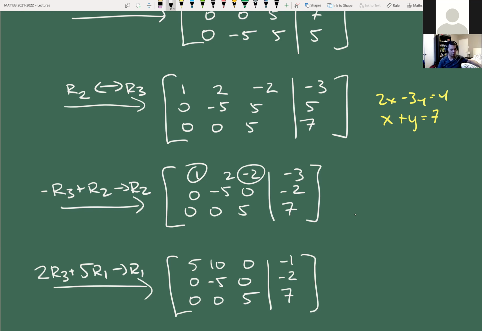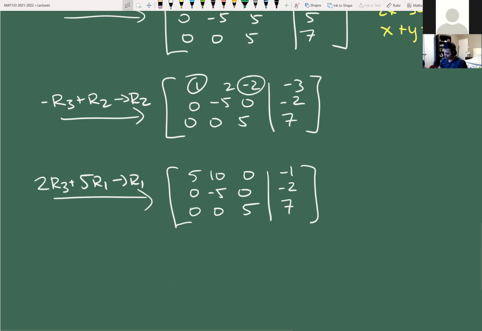And now I can multiply row 1 by 1/5. But in fact, why don't I go one step further? Before I divide row 1 by 5, let's use this to get rid of this, right? So let's do 2 row 2 plus row 1 into row 1.